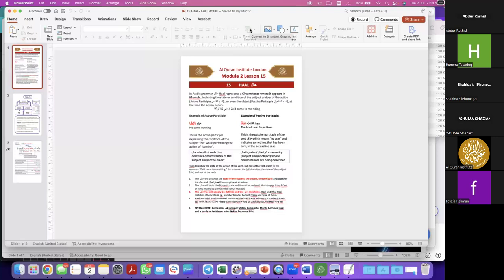We will go over this. This chapter is very important. It is part of Jumlatul Fi'liya, Haal, and the more we understand, the more we enjoy it.